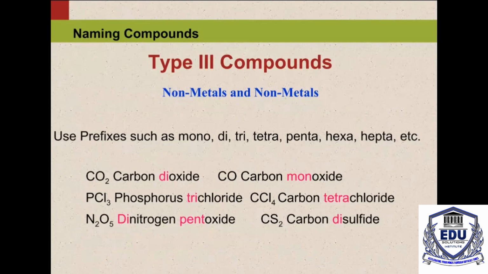And for phosphorus trichloride, that would mean we have 3 chlorine atoms in this formula. And carbon tetrachloride, we have 4 chlorine used in this formula, and the list goes on. So we can use prefixes to help us distinguish how much of each metal or non-metal we use in our specific formula.